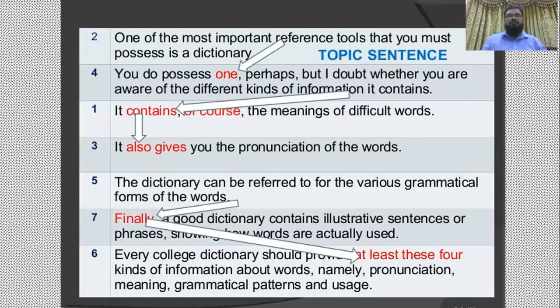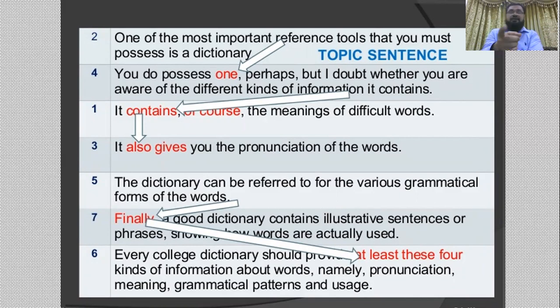Further, now you see. Sentence number 1: one of the most important reference tools that you must possess is the dictionary. Next is, you do possess one, but I doubt whether you are aware of the different kinds of information it contains. Now the important reference is linked with the one. And different kinds of information, what kind of information? It contains, of course, the meaning of difficult words.